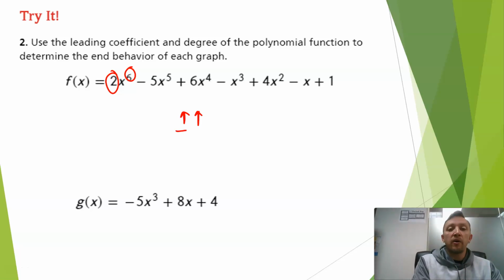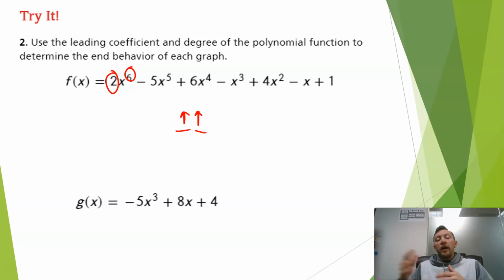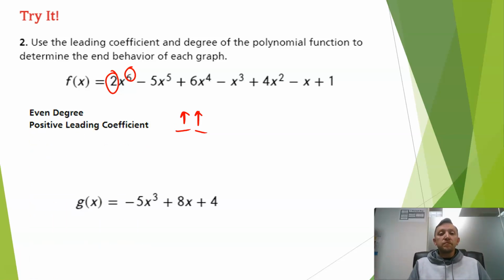Okay, so if we think about having two blanks for the left and right side of the graph, we always start with the right side first, because that's going to determine what the left side is going to do. So the right side of the graph is going up because the leading coefficient is positive, and the left side is also going up because it's an even degree. So it's an even degree with a positive leading coefficient.